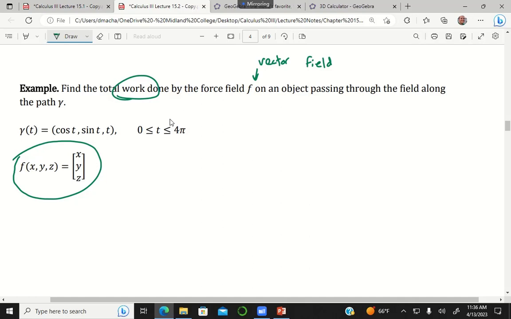Once again, gamma is the same parametric curve, the same helix. So imagine some object traveling along the path of that helix, in a force field where the force is just equal to the coordinates x, y, z. If you are in the first quadrant, you're going to be pushed away from the origin, in the direction you are away from the origin.